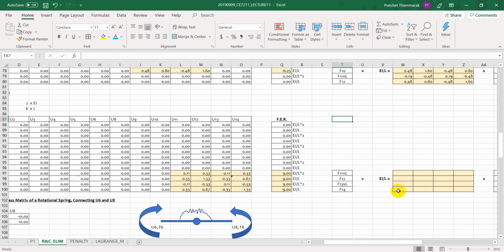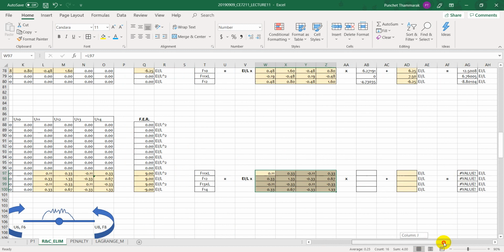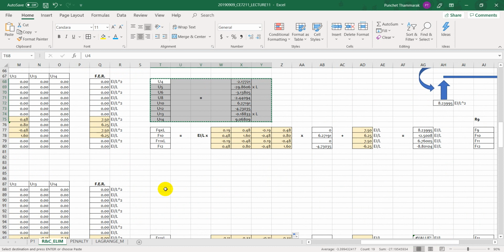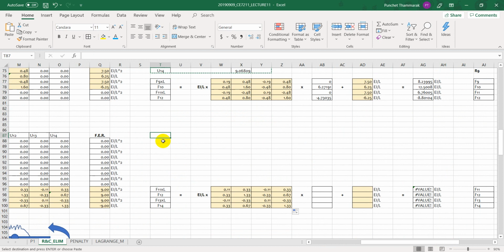So here we need this one. No, we cut it. Cut and paste here.